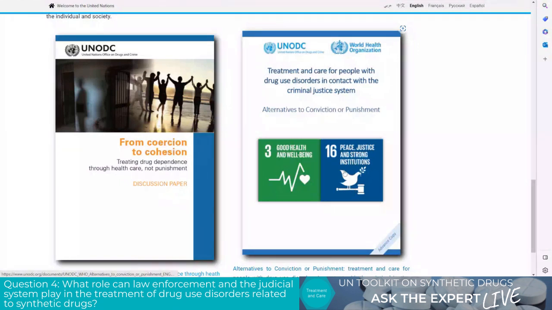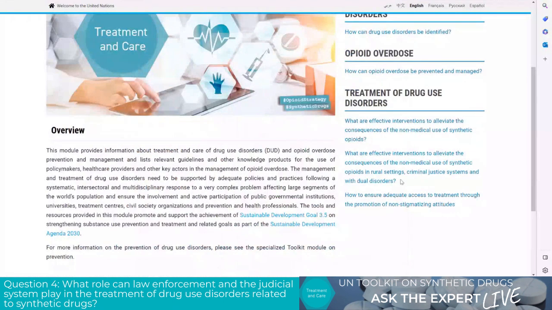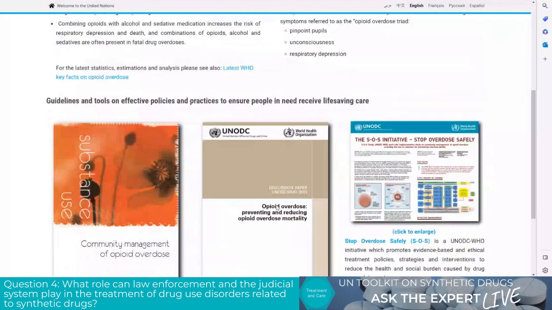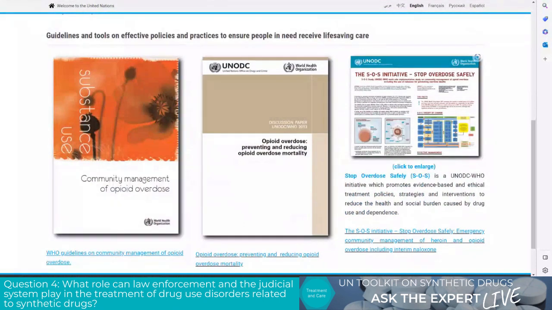And another good example of this, very practical, is more in the context of opioid overdose. So here you have some details about our Stop Overdose Safely initiative, which again, we are leading with the World Drug Organization. And what did we do?